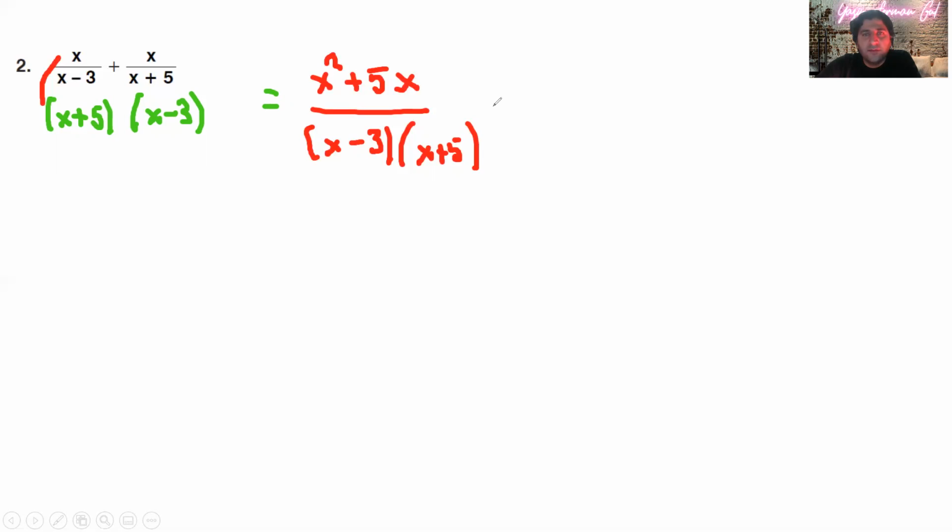Right, then plus, what's happening here? x minus 3 times x, that will be x squared, right, minus 3x over, right, x plus 5.